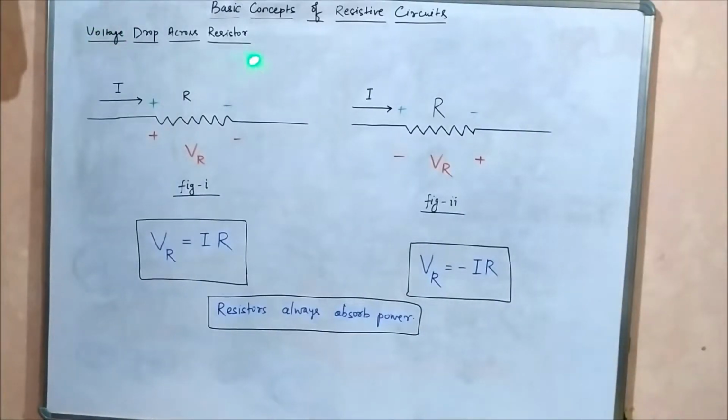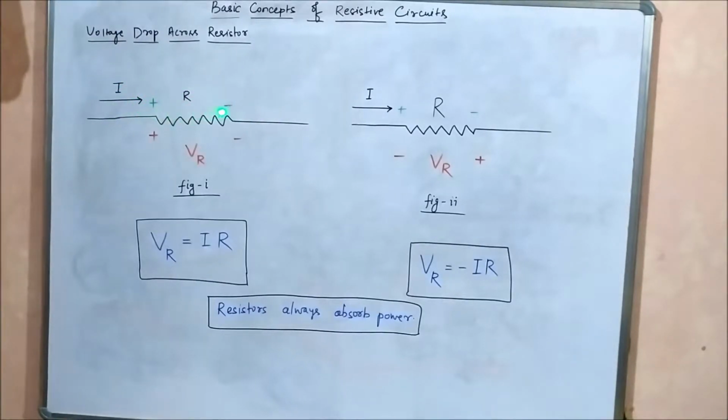Now we'll discuss some concepts related to voltage drop across resistors. As you can see, there are two figures drawn, which involve a resistor and current flowing through the resistor. Now focus on figure number 1. The current is flowing from left to right through the resistor.